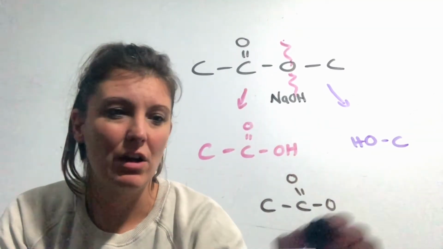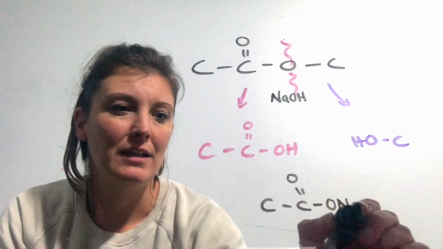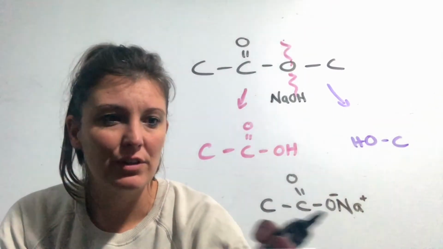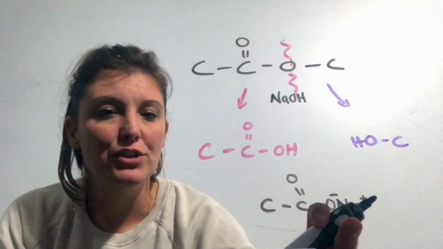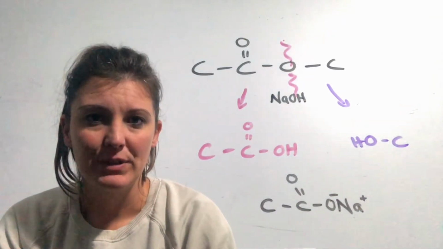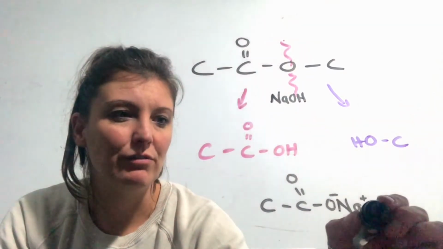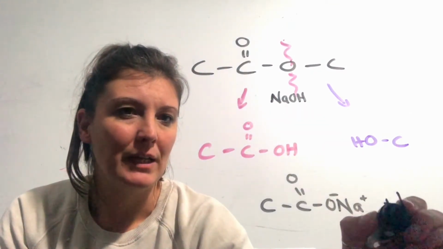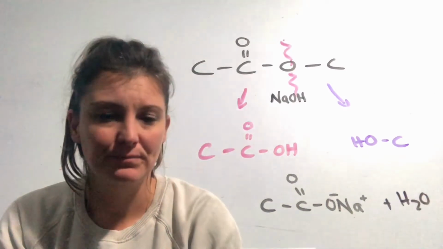So you have a negative O, but then the Na goes and stands next to it. So this is going to be called sodium ethanoate. So that's your salt and your water that forms. And remember that H and that OH combined and it became H2O.